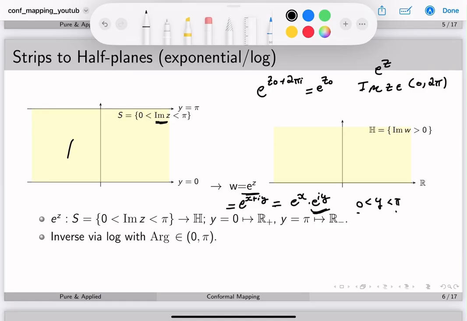And hence, what is that domain? Well, it's of course the upper half plane. The angles are between 0 and pi.